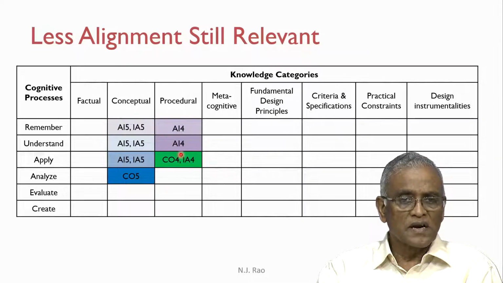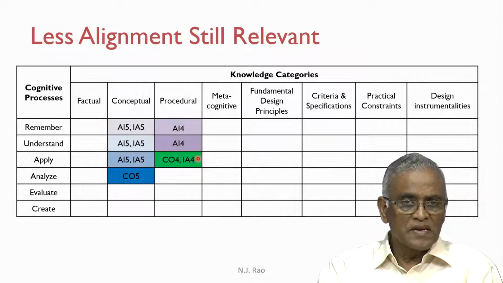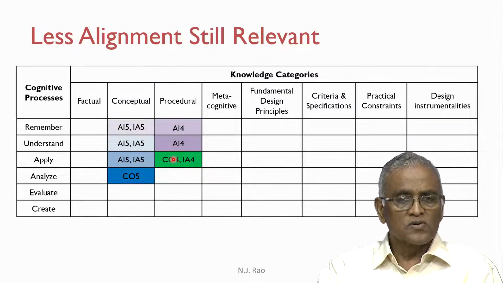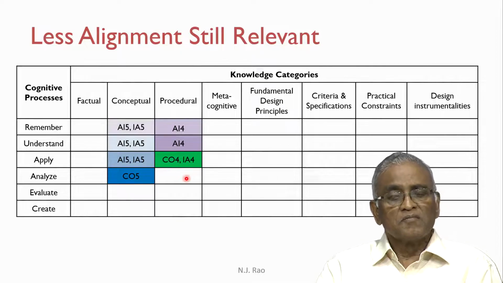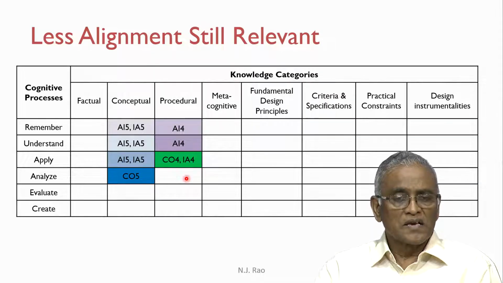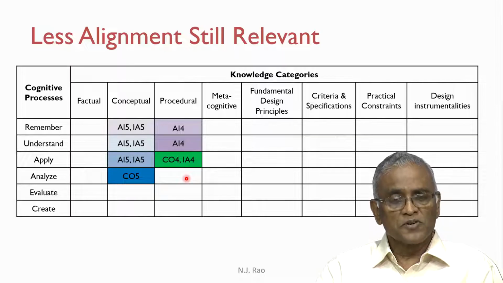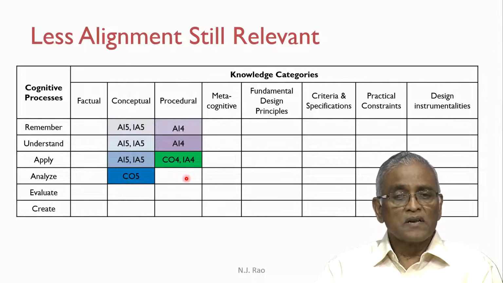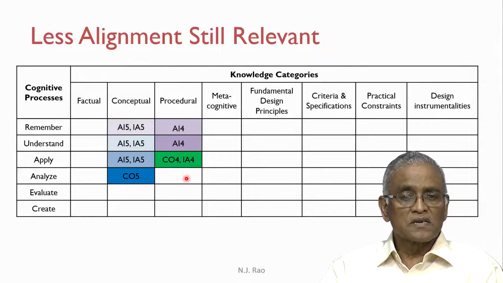That is partly acceptable, but not having any AI4 here is totally unacceptable. And unfortunately that is what is happening in the majority of the question papers that people design. They seem to be relevant, I ask some questions about the same topic, but not at the cognitive level that a student is required to learn.